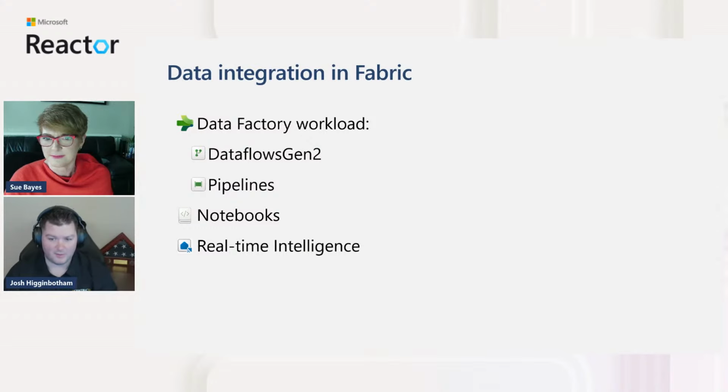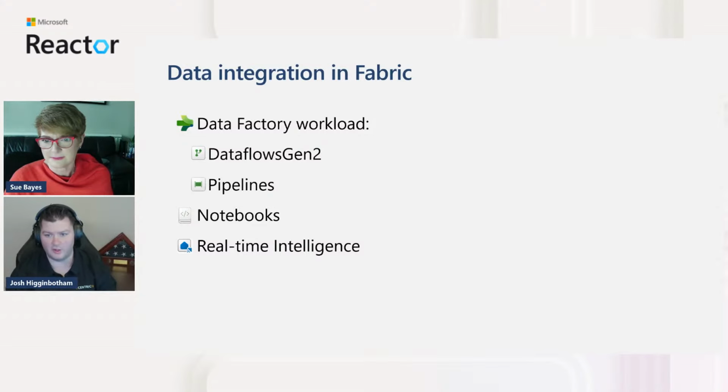We've already mentioned some of these workloads before, so we'll go a little bit deeper as we get into the slides. But the same tools that you're going to ingest your data in are going to be the same tools that you're going to integrate your data into these existing lake houses, event houses, and Fabric warehouses. But we have a couple different workloads that we can use, and as we talked about previously, one of the beautiful things about Fabric is that depending on your team and their skill sets, there are different levels that you can go with.